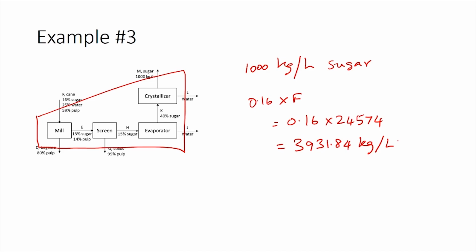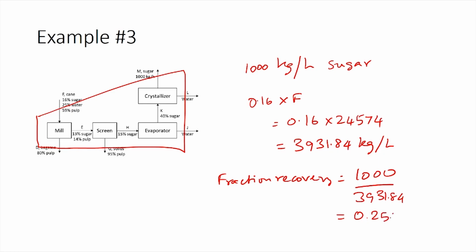So, the total amount of sugar which is fed to the system is 3,931.84 kilograms per hour, out of which only 1000 kilograms has been recovered. So, the fractional recovery would be given as 1000 divided by 3,931.84, which gives you a value of 0.254. So, about 25% of the sugar which has been fed into the system has actually been recovered.